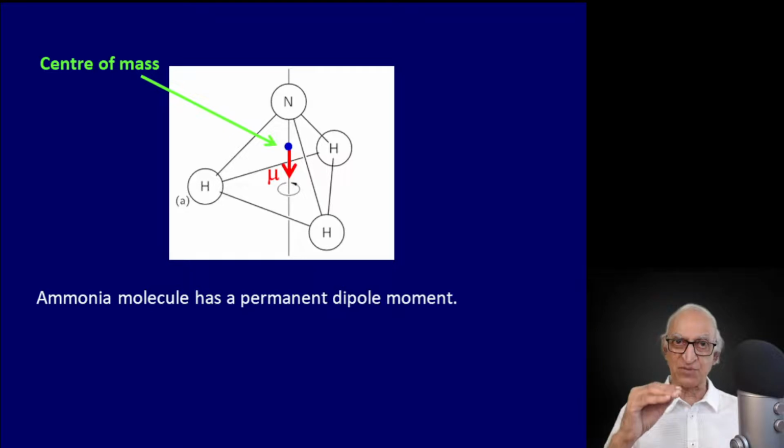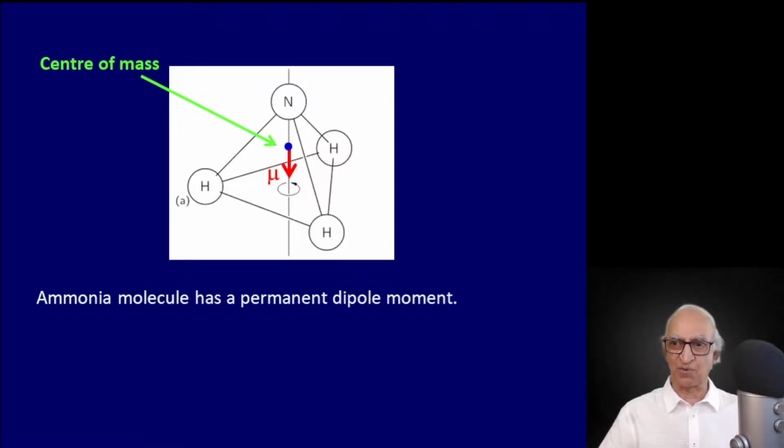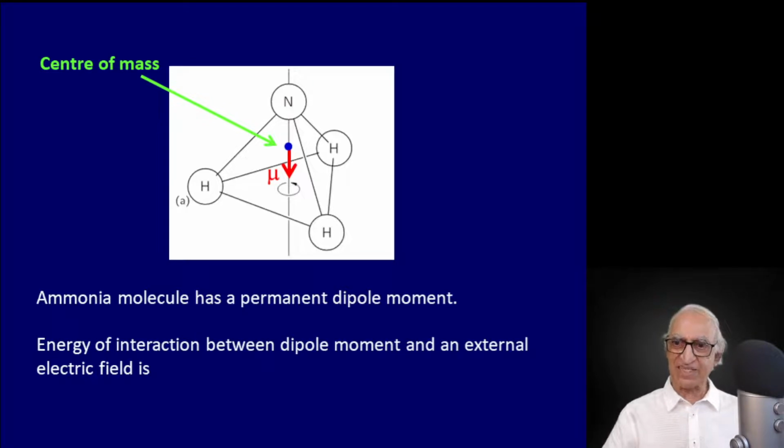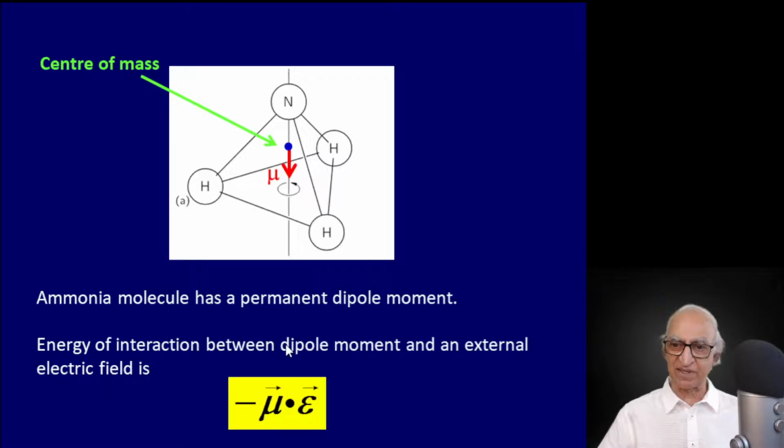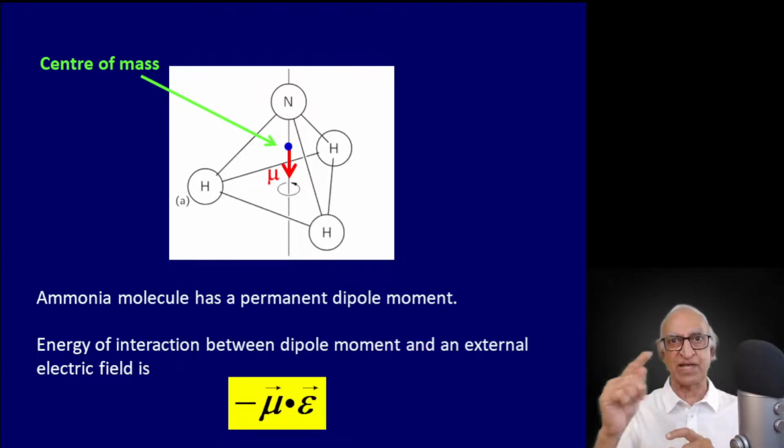Let me repeat, this comes because the center of mass is closer to the nitrogen than the 3 hydrogen. This results in net charges, which is a dipole moment. And the dipole moment, let's call it mu. The energy of interaction between the dipole moment and an external electric field will be minus mu dot E, just as the energy of a magnetic moment in a magnetic field is minus mu dot H. Here it will be minus mu dot E.